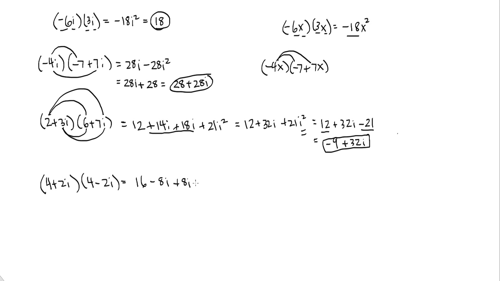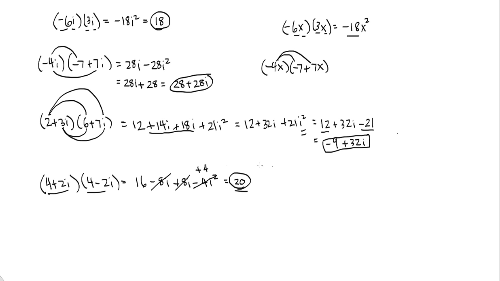And my last terms, 2i times negative 2i is negative 4i squared. I hope you can see that my middle terms are going to cancel each other out. Negative 8i plus 8i is 0. And then I think you should also see that we have an i squared term here. Take off the i squared, change the sign, we get plus 4. 16 plus 4 is 20. Unusual answer, isn't it? We multiply two complex numbers and we get a real number answer.